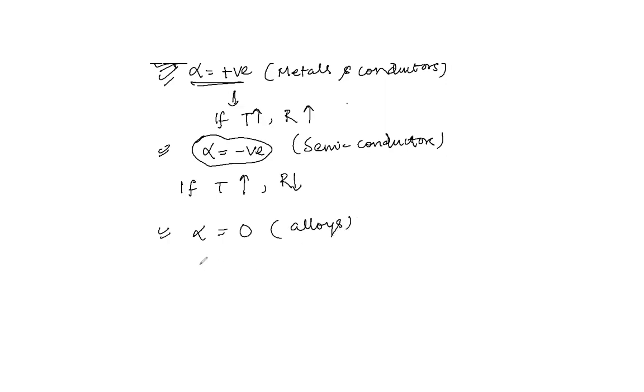So even if the temperature increases, the resistance remains unaffected, right? So these are the ranges of alpha that we have to keep in mind, since the range of alpha also decides what type of material we are using.